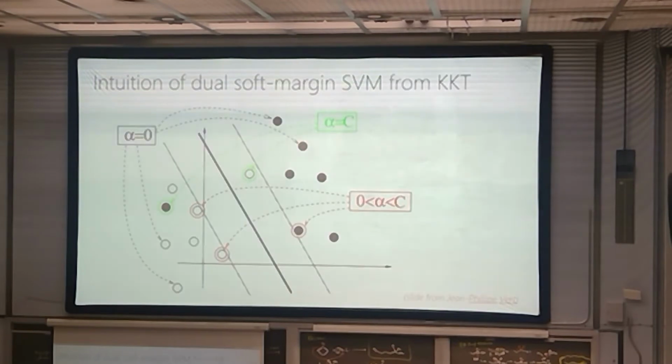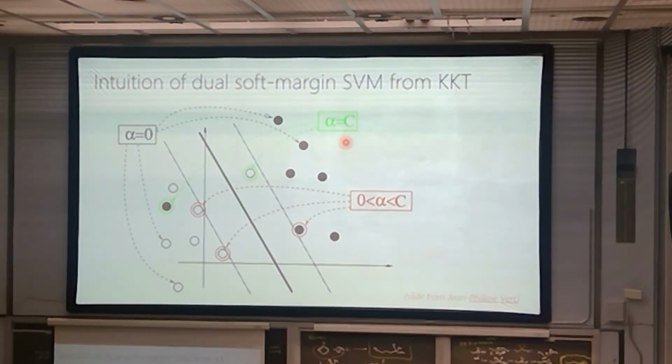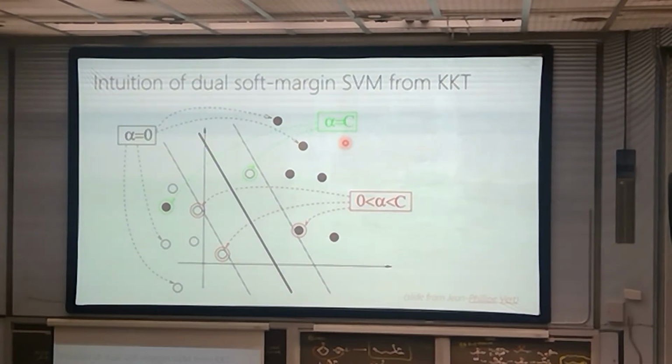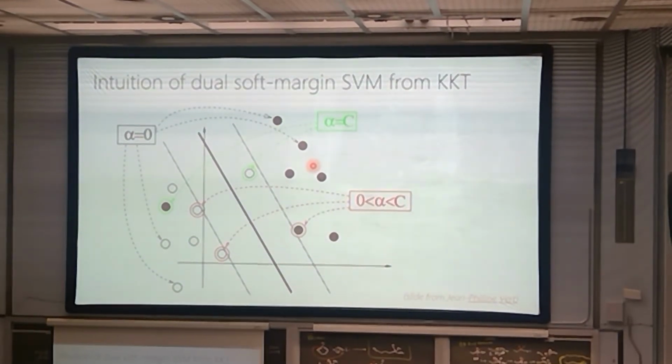But maybe just to give you a pictorial summary of this: remember, the weight vector is the sum of every data point's alpha I times the training data itself. And so if alpha is 0, it falls out. The argument we just went through is that when alpha is 0, the point is on the correct side of the margin, and so it shouldn't affect the margin, which is consistent with the intuition that it's not going to affect the value of W, which is defining the hyperplane.